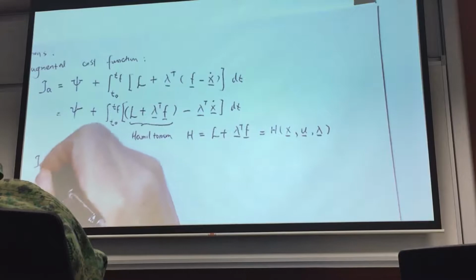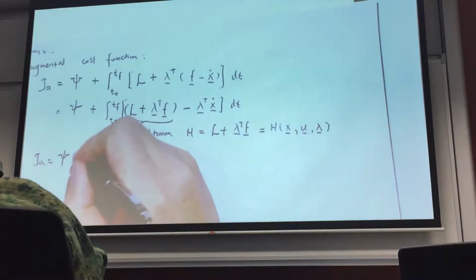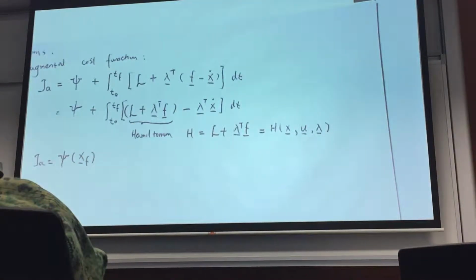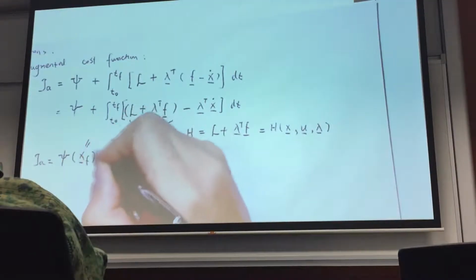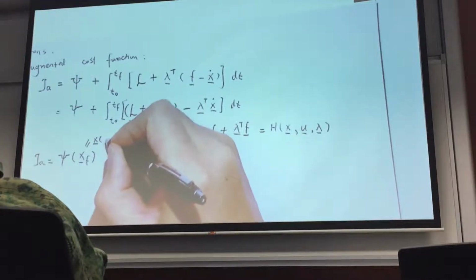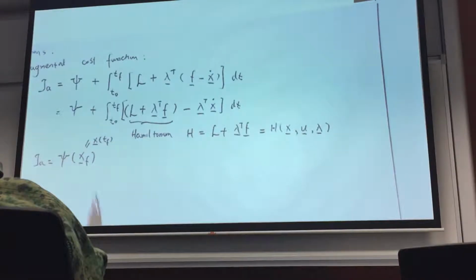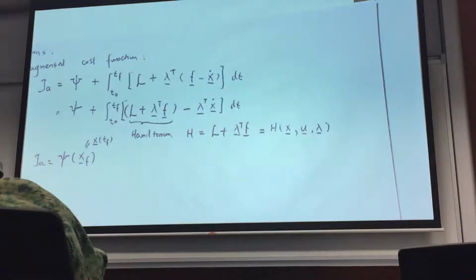So we have our J_A equal to the first part. This just depends on the final state, so I put x_f. Remember that this x_f means x at t equal to t_f. So I just use another notation for x in the final state.